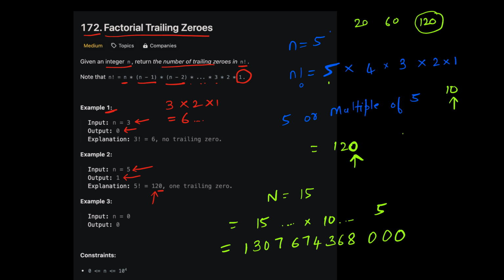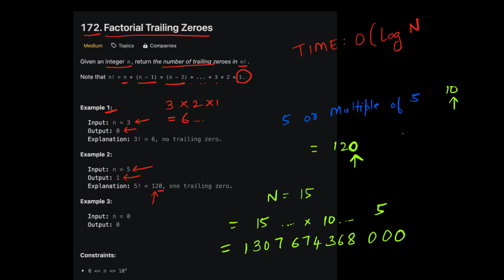This is not an easy solution that you can come up with unless you have worked on and solved several math related problems. It took me a while to wrap my head around this approach in solving similar kinds of problems. With this solution, our time complexity is O of log n to the base 5.